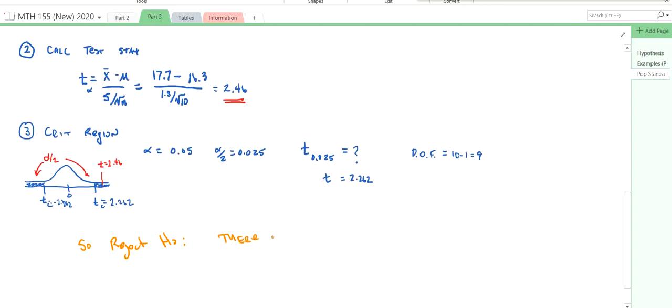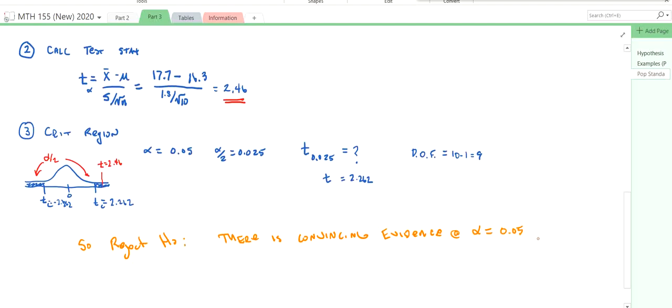So we'll make the claim there is convincing evidence at alpha equals 0.05. You always want to mention your level of significance for your statement here.